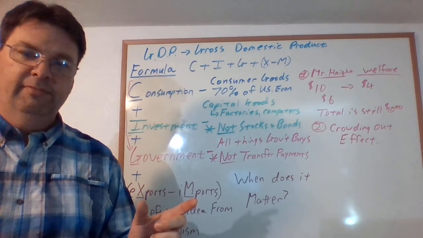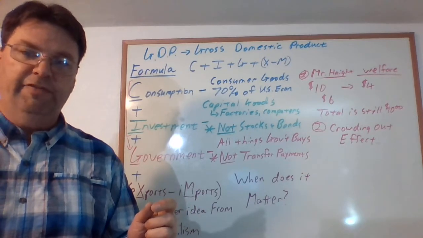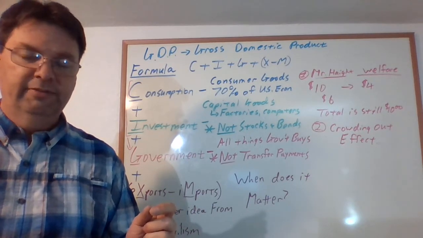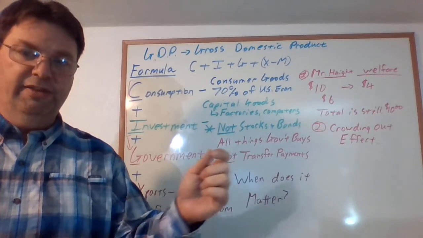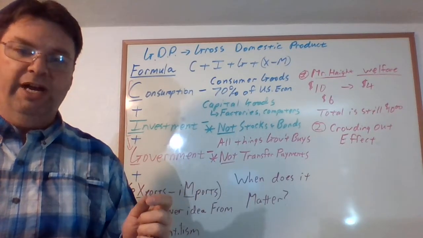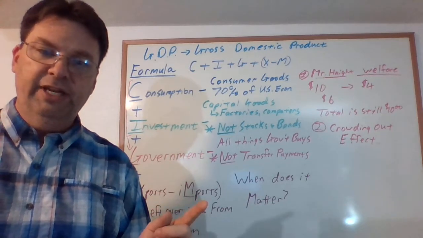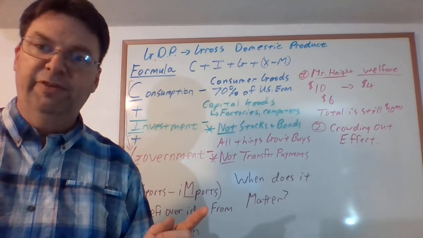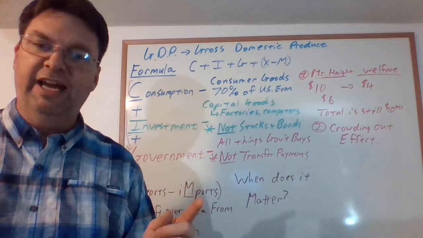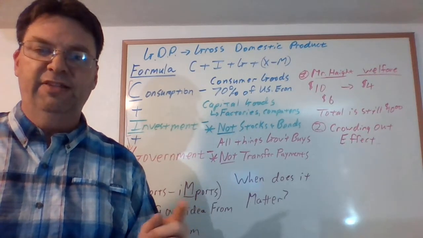Okay? I mean, it's great if you can export your stuff, but you're working. You're going to have to work to sell those things to another country. And why do you work so hard to sell those things? So you can get money, and then you can buy stuff. So it's the stuff that matters and how you get it that matters, not this equation right here at the bottom.